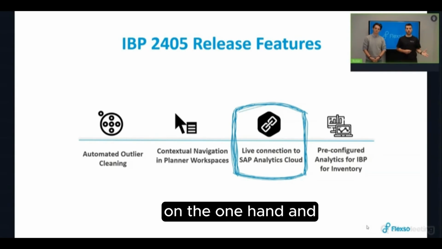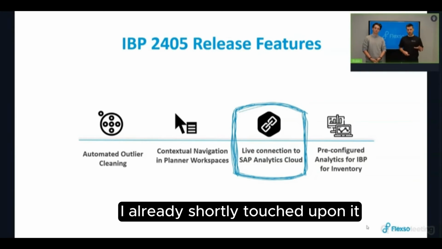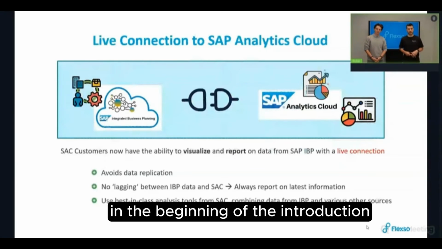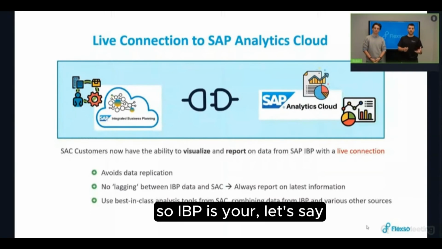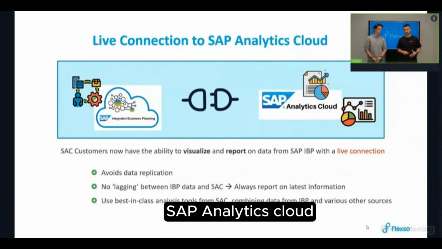between IBP on the one hand and SAP Analytics Cloud on the other hand. I already touched upon it shortly in the beginning, in the introduction. IBP is your point of view for your tactical supply chain planning data.